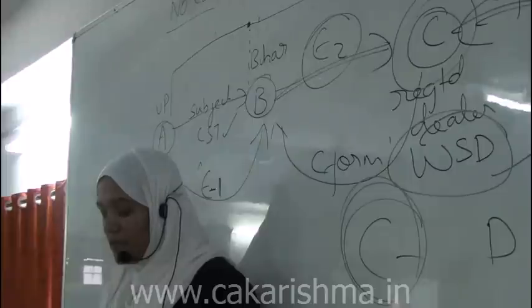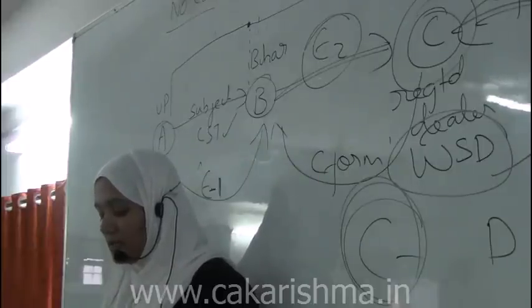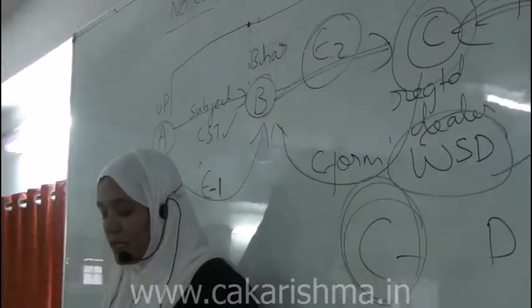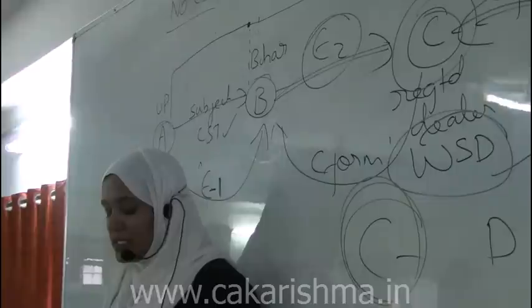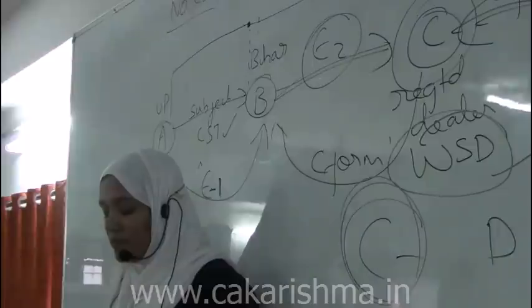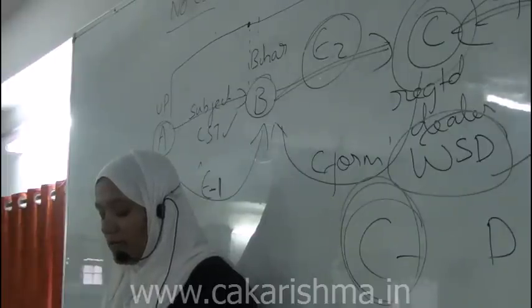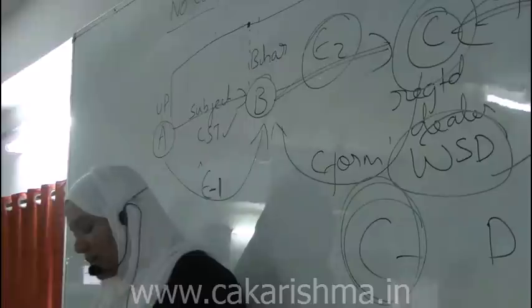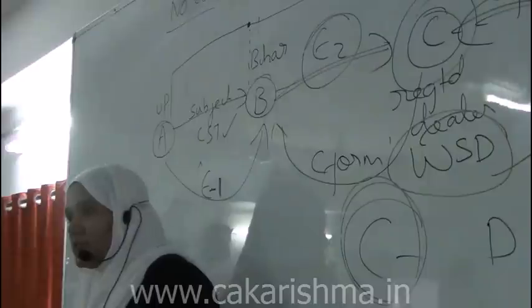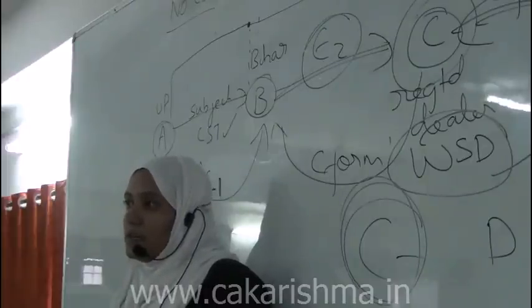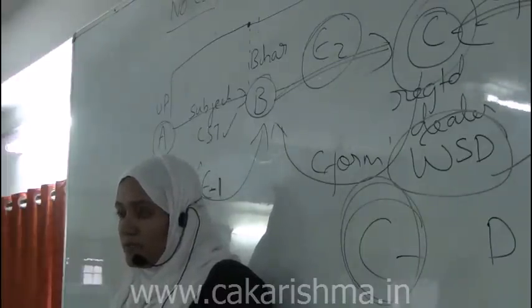Okay, next condition. The first buyer, who is seller in the second interstate sale, should obtain E1 form from the first seller, and C form from the buyer.